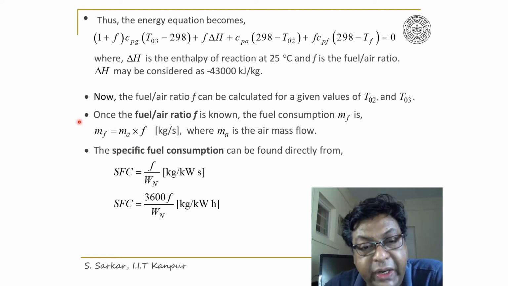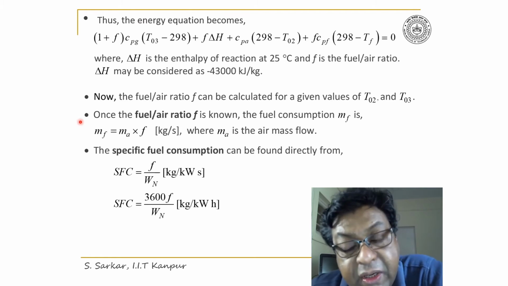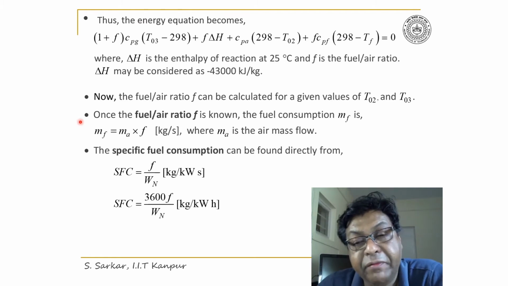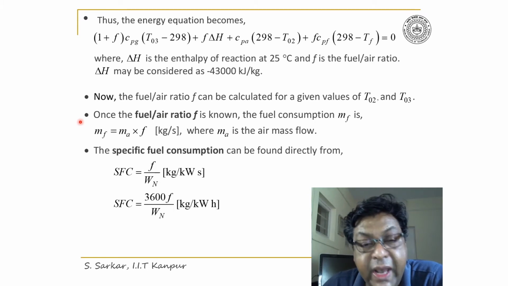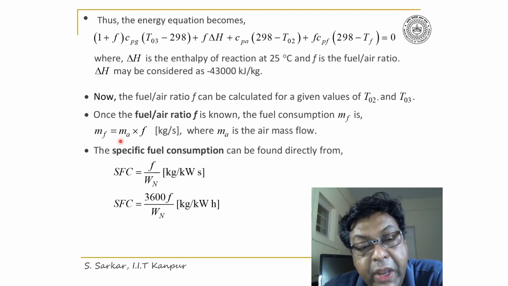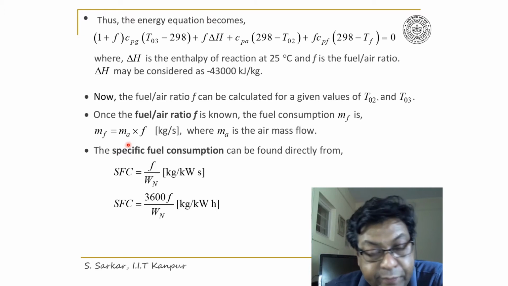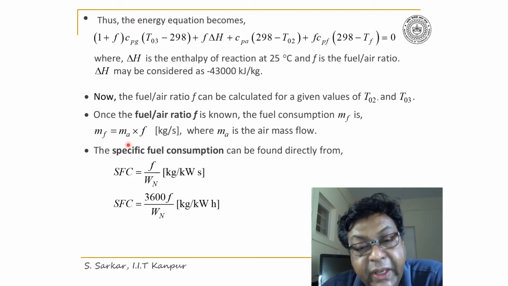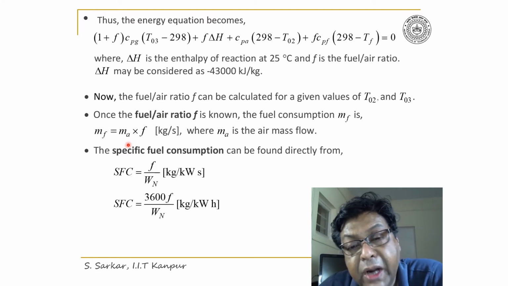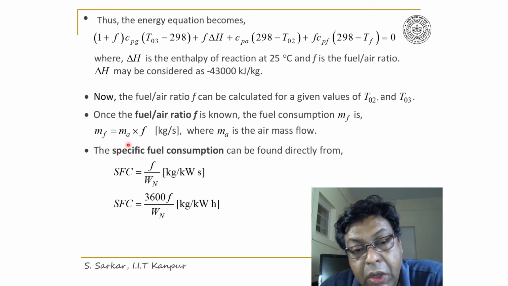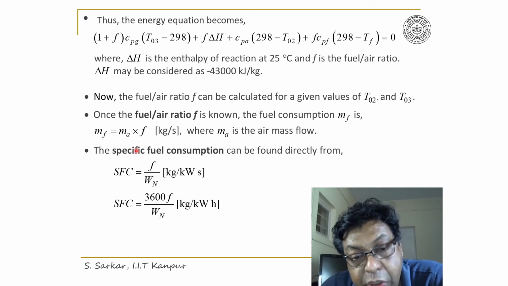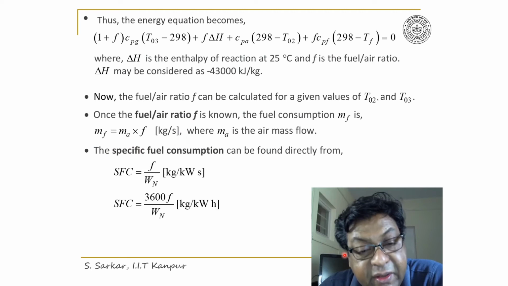Once the fuel air ratio is known, the fuel consumption for the cycle, MF, can be evaluated as MF equal to MA into F, where MA is the air mass flow. Now, MF unit would be kg per second.